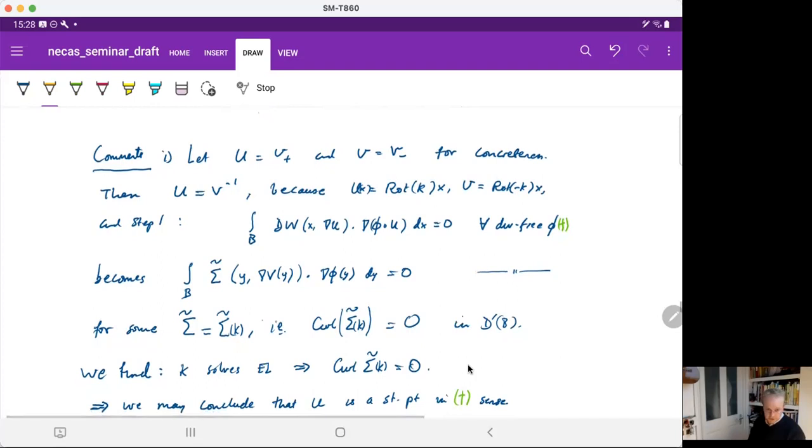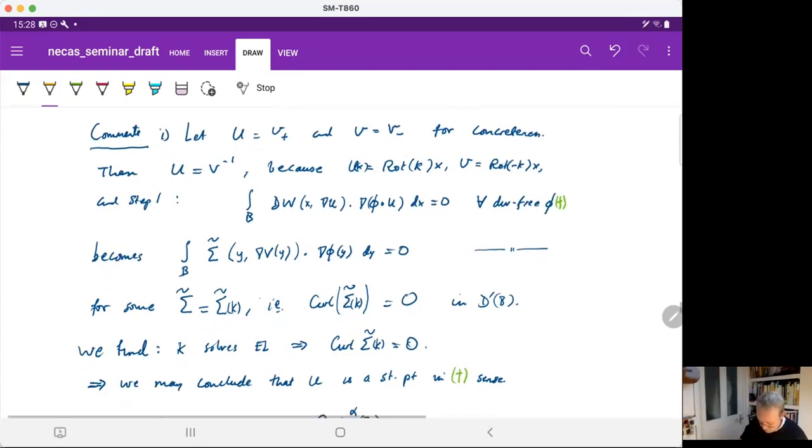It turns out that if K solves the Euler-Lagrange equation, then the curl of sigma tilde does vanish. And so we can conclude from that that U is a stationary point in that full sense. So we've gone from essentially a 1D stationary point in that class C to a full stationary point in that sense in the big class A. So that's a piece of luck, or anyway, it's true.